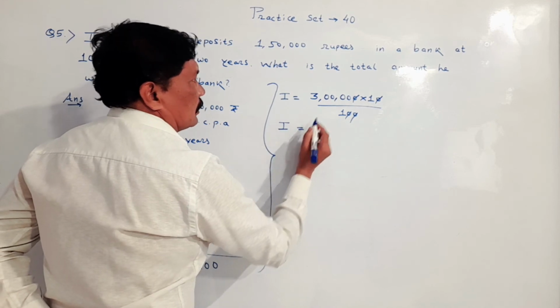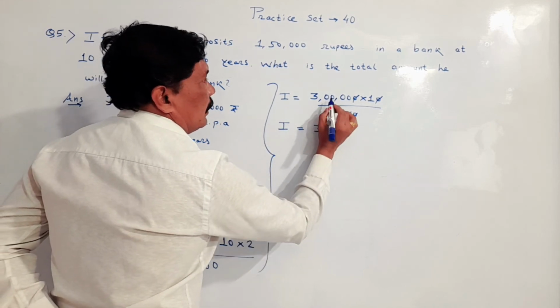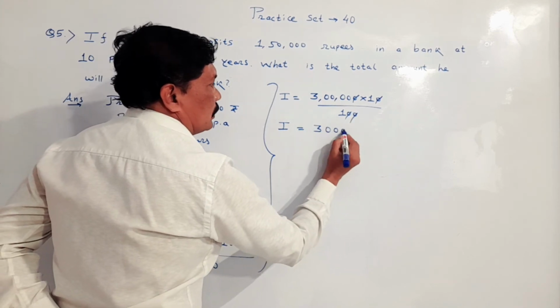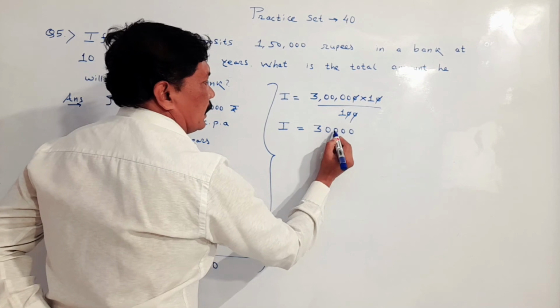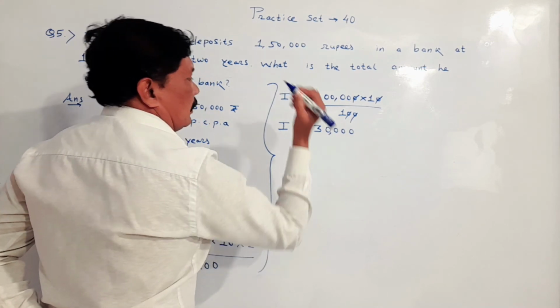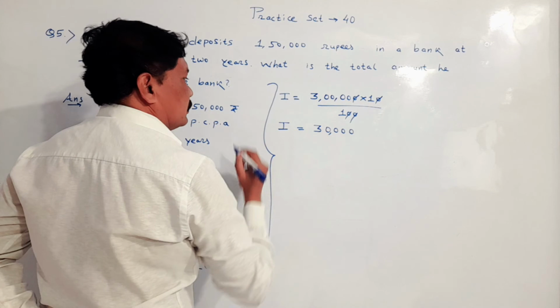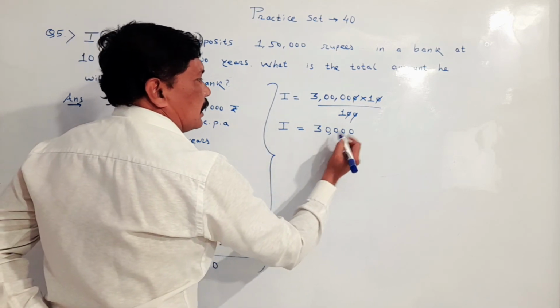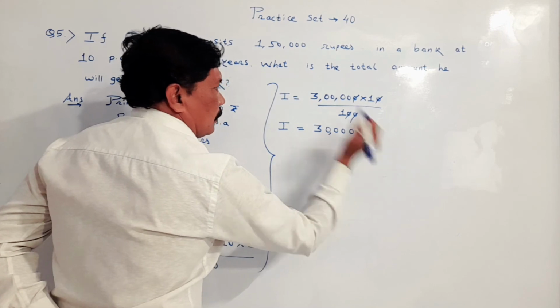I is equal to 3, then units, tens, hundreds, thousands, 10,000. So we get interest as 30,000 rupees.